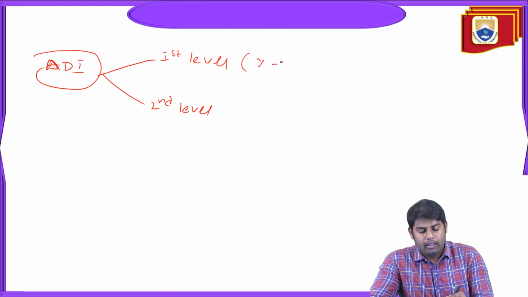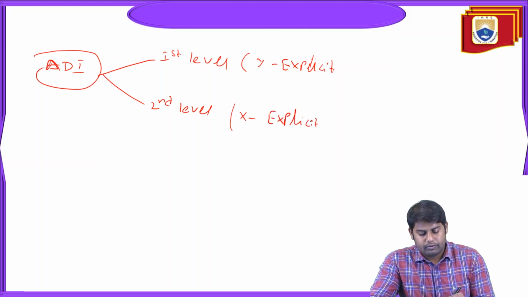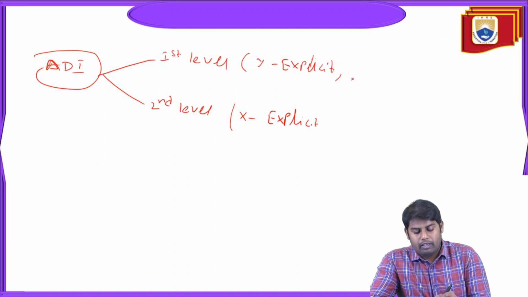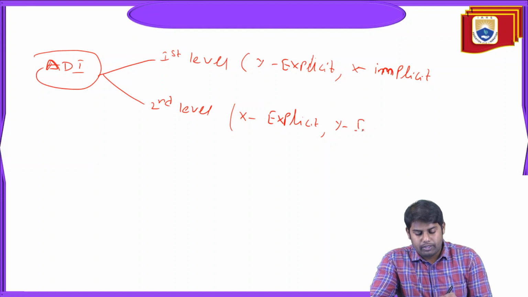Here it will be y explicit, here it will be x explicit, and here it will be x implicit. Here it will be y implicit.